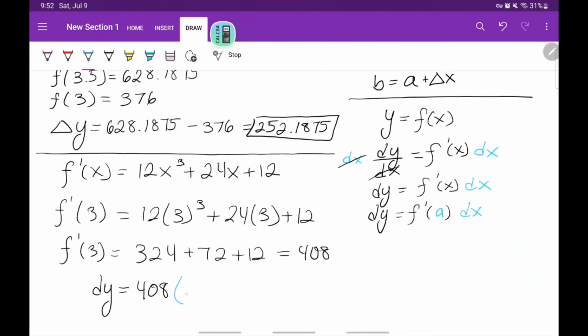So we're going to multiply that by 0.5, which means dy equals 204. And that's going to be used as the approximation for the actual change in y.